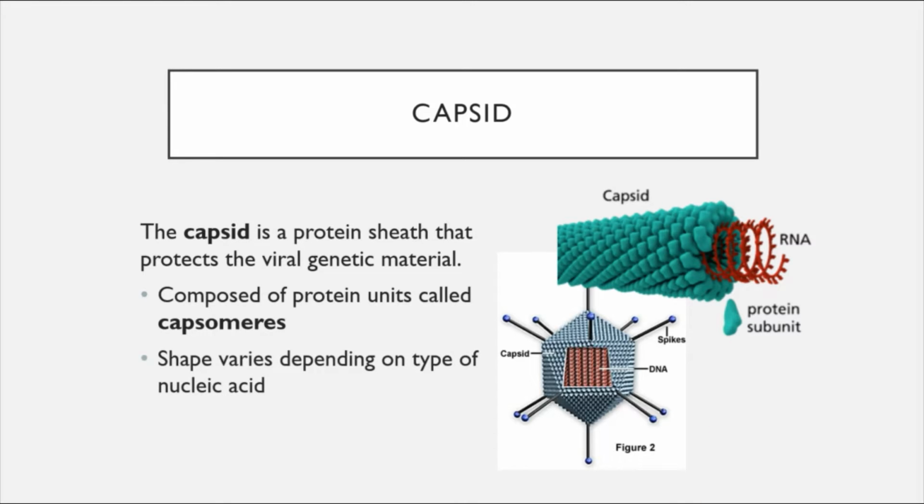The shape depends on the type of nucleic acid, and these capsids, when they are barren without an envelope, will be covered in protein spikes, which you can see in this figure down here. The spikes are highlighted here. And these protein spikes play an important role in the virus's ability to interact with host cells and perform the initial steps of the infection process.